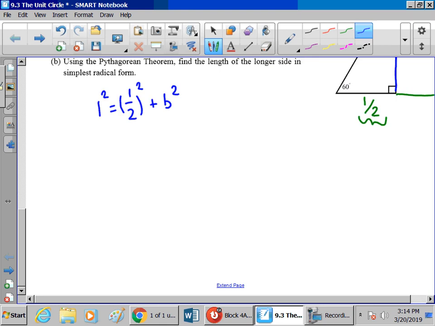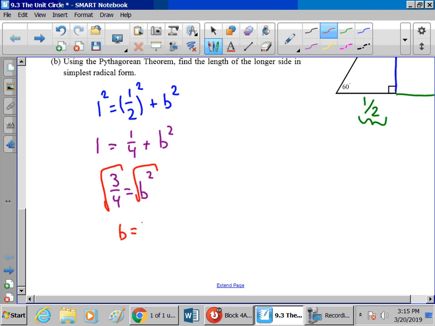And b squared is going to be b squared. So we wind up with 1 equals 1/4 plus b squared. So 3/4 equals b squared. Take the rad of both sides. And we wind up with b equals the square root of 3 over 2.